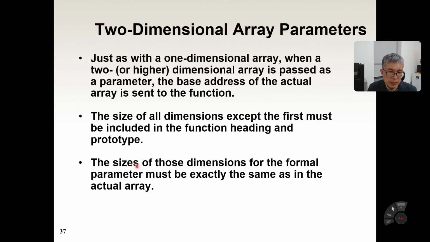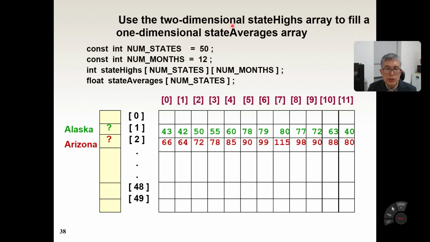The sizes of those dimensions for the formal parameter must be exactly the same as in the actual array. Okay, here we use the two-dimensional state high array to fill a one-dimensional state array. So Alaska, Arizona, something like that. Okay, so this we declare.